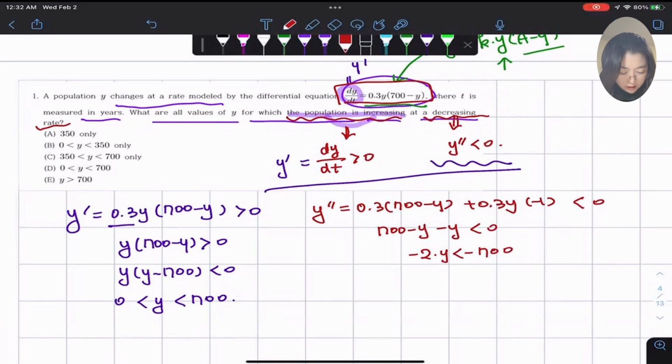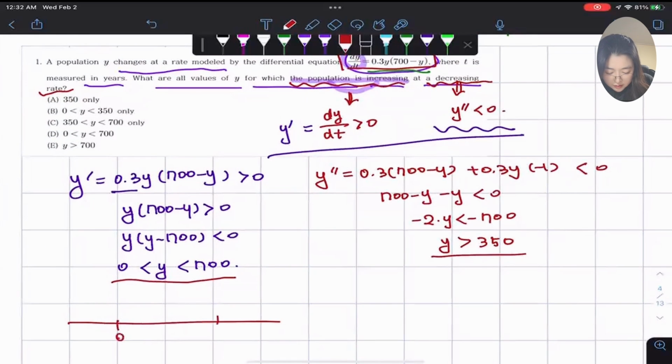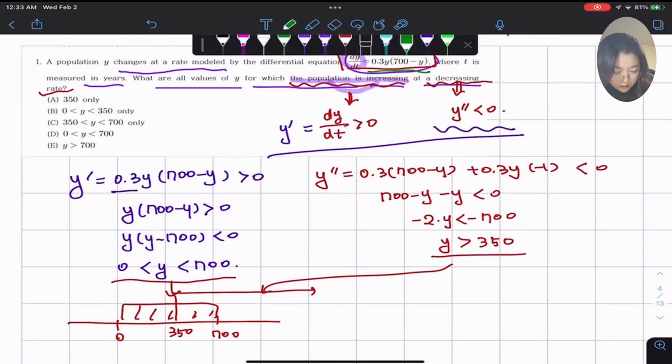Divide by minus 2 on both sides, y is more than 350. So this part is 700. The range is like this, so this part is here. So the answer is y from 350 to 700. The answer is C.